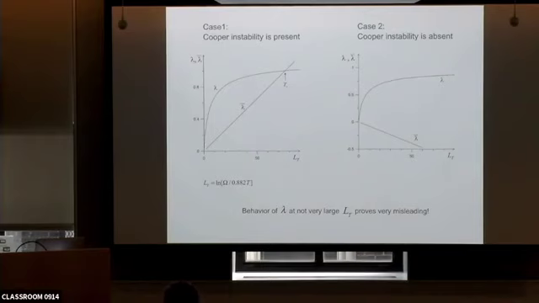There is no Cooper instability, and in both cases, depending on the choice of our parameters, we see more or less the same nonlinear scaling of lambda, and we understand that this scaling is nothing but misleading. We cannot conclude anything from this lambda of T before we go really close to the critical temperature, and with a lambda bar we see everything nicely, just a linear behavior.